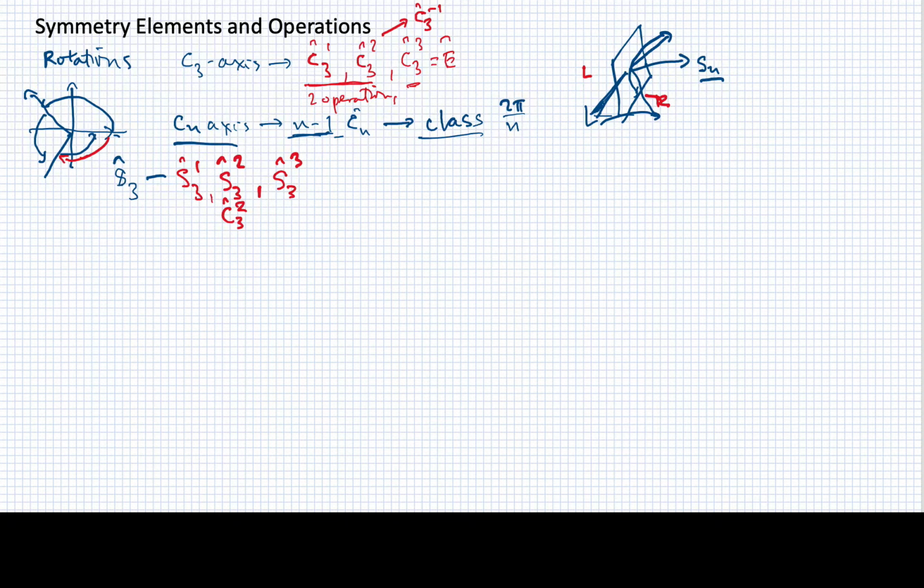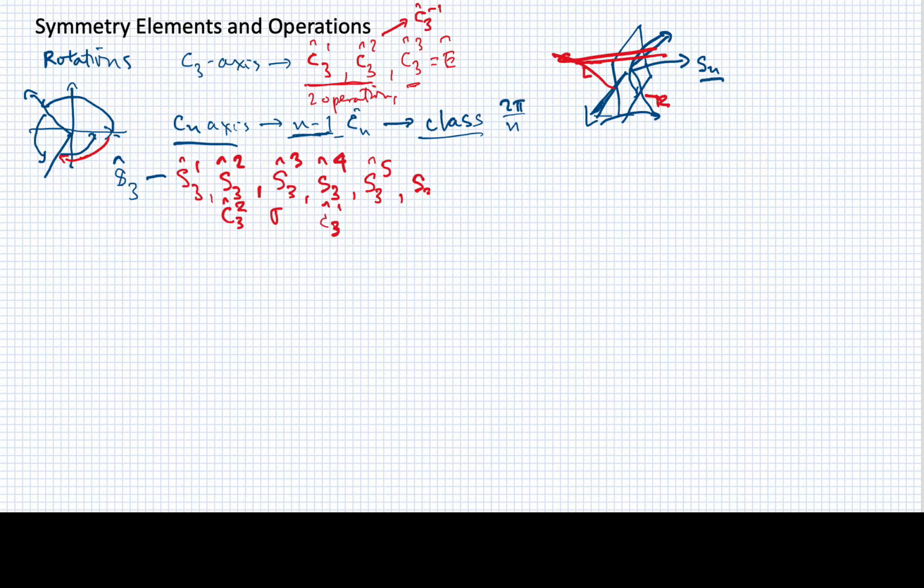Well, I would have gone all the way around and then reflected across to the other side. Well, that's just a reflection, so this is a reflection. I'll have S3 to the fourth. That'll correspond to C3 used 4 times, but that is equivalent to C3 operated once. I'll have S3 to the fifth, and this will now correspond to having done C3 twice and then reflected.